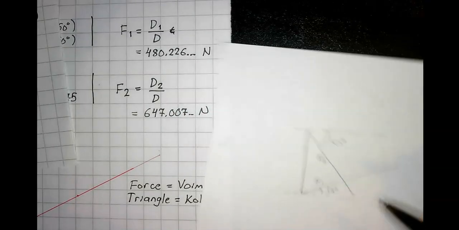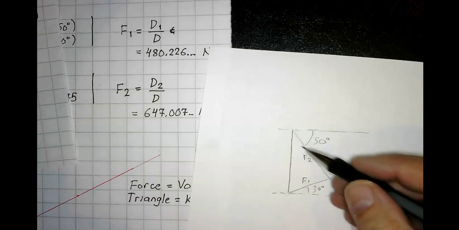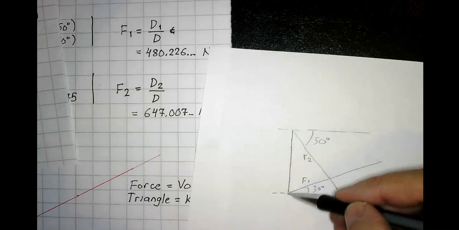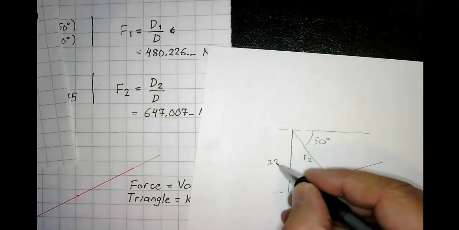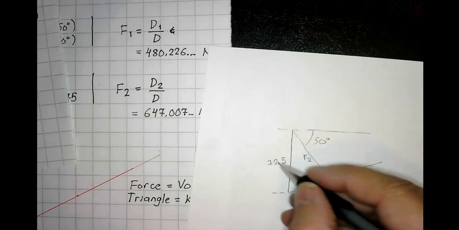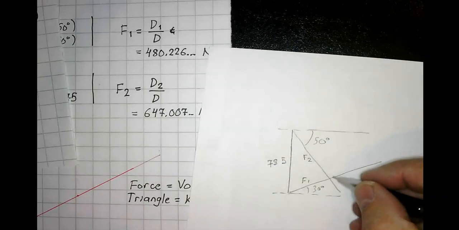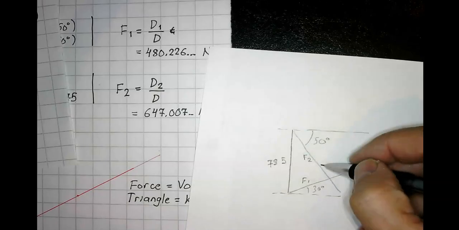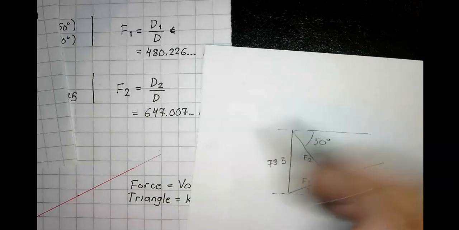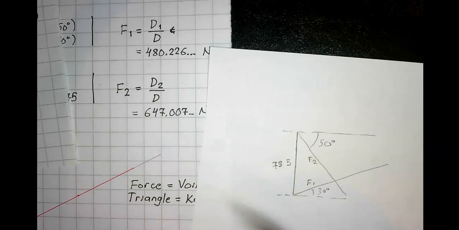From the picture I can approximate that the length of F2 is quite near the value of this force, which was 735 approximately. So I could approximate that this would be about 700 newtons, and the correct value is 647.